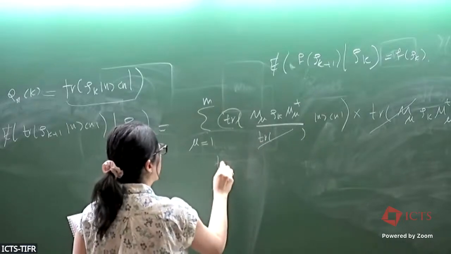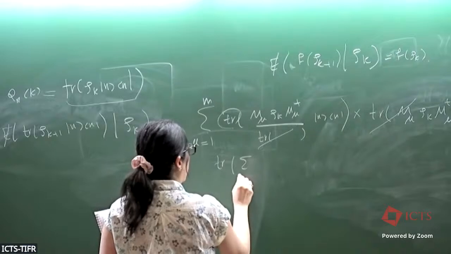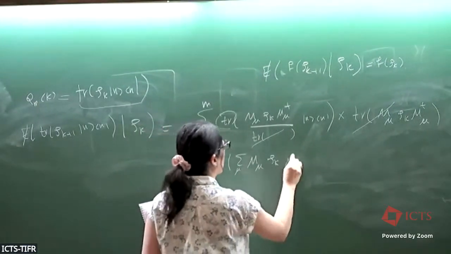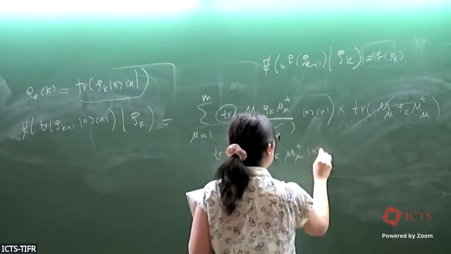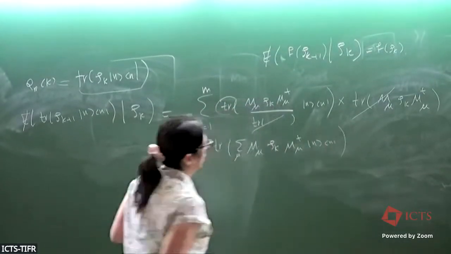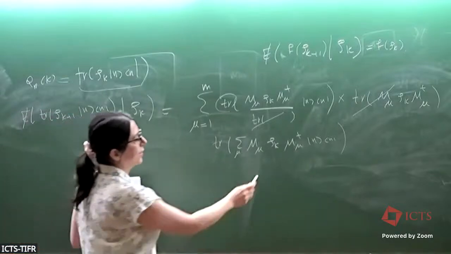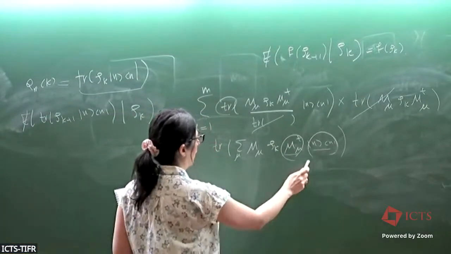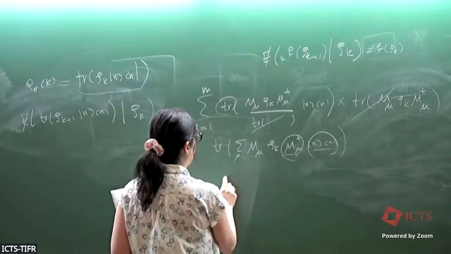So you have the trace of, and as this is diagonal in these spaces, these two commute. So then everything is good.